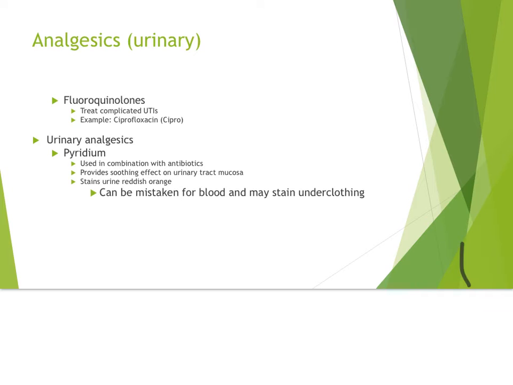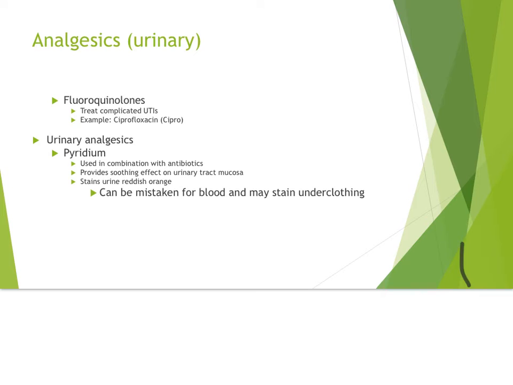Also, urinary analgesics, these are not antibiotics. One of those is considered Pyridium. Pyridium is used when someone is having bladder spasms. So it is not an antibiotic, but is often used in conjunction with. It helps provide a soothing effect on the mucosa.